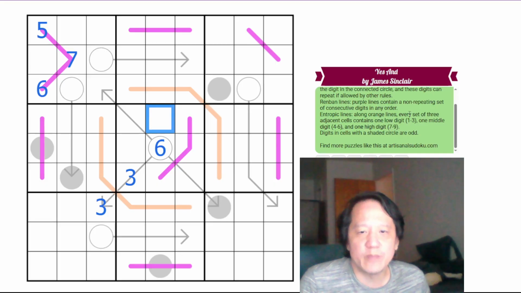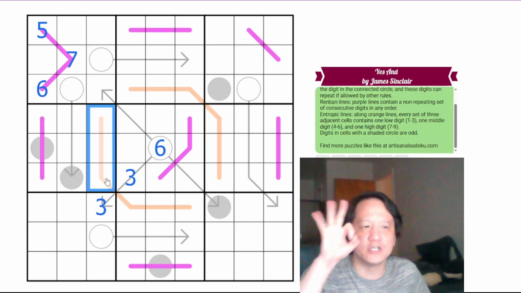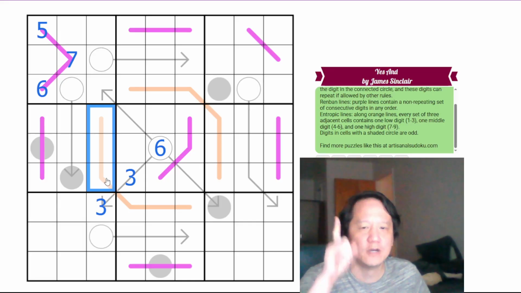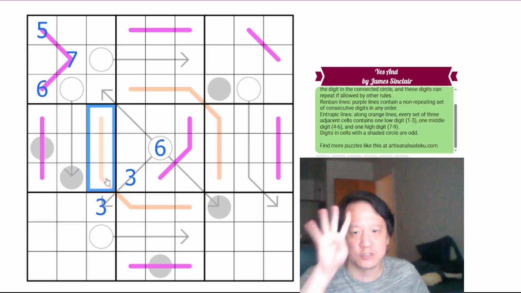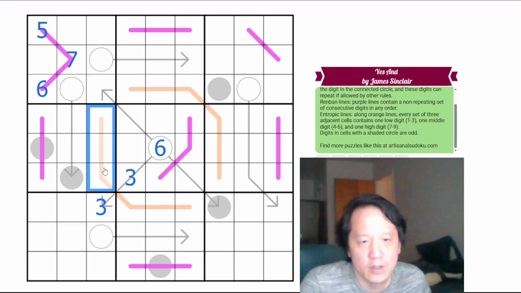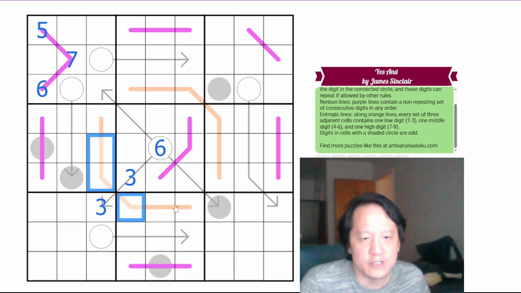We have entropic lines. Along orange lines, every set of 3 adjacent cells contains one low digit, which is 1 through 3, one middle digit, which is 4 through 6, and one high digit, which is 7 through 9. So that's for any 3 digits along an entropic line.